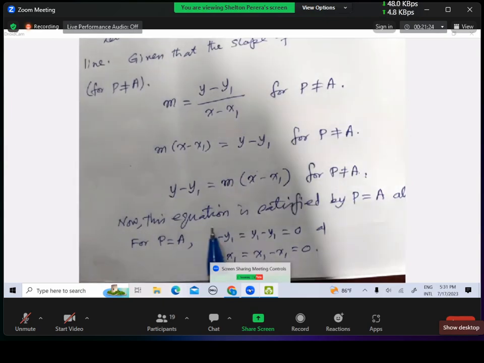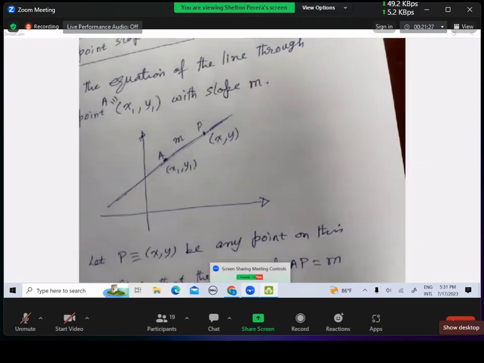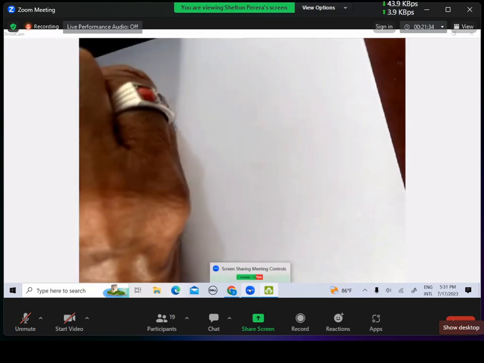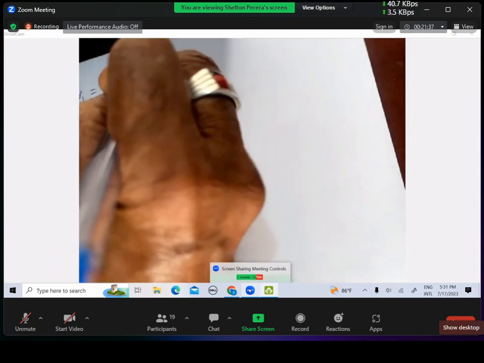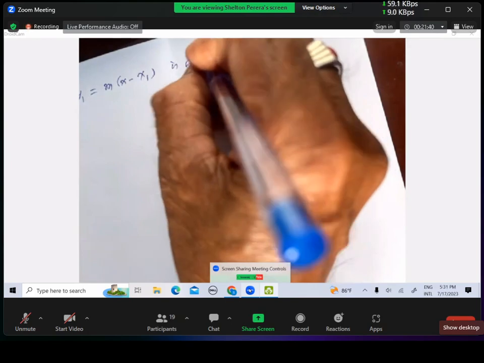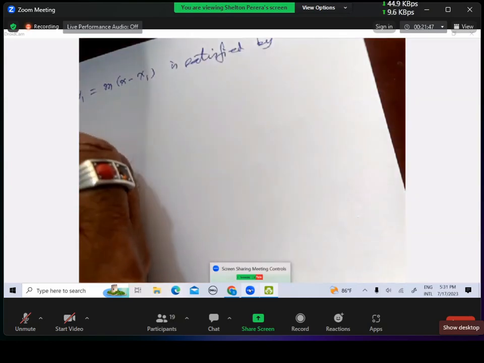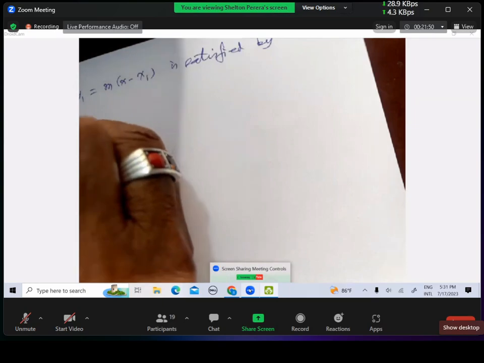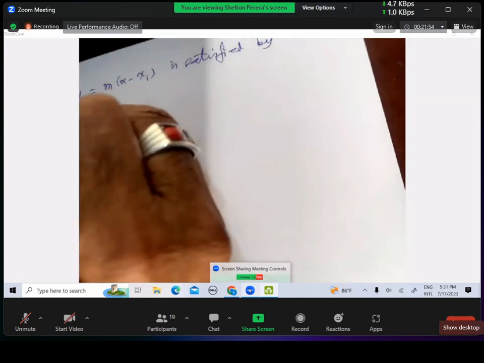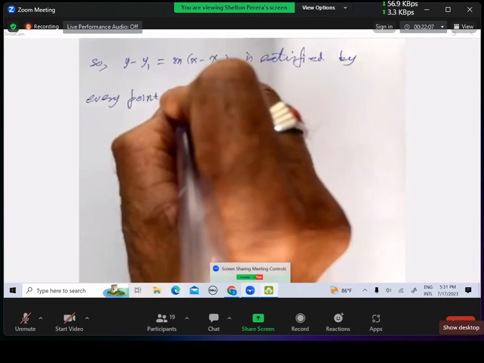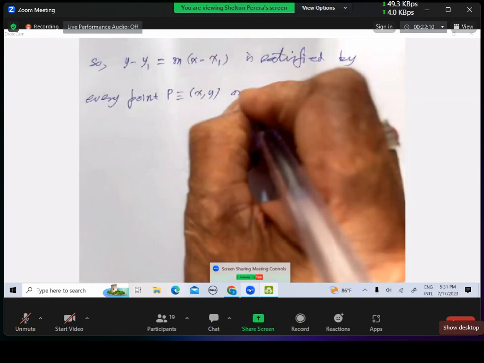So now what did we say? We got this. So y minus y1 equals m times x minus x1 is satisfied by every point P, x, y on this line.